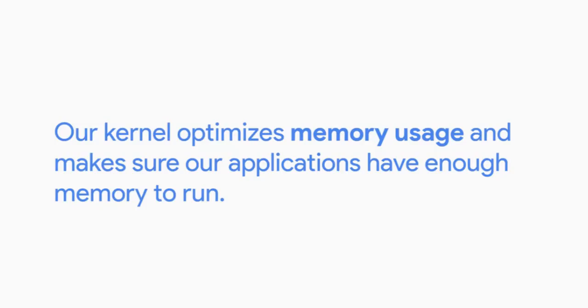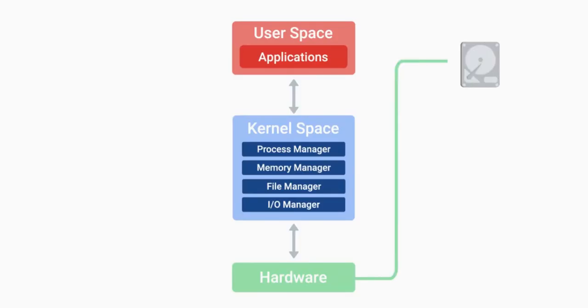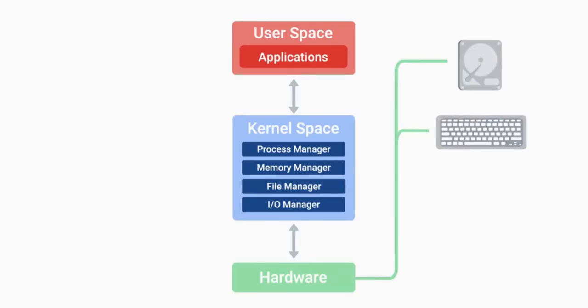Next up is memory management. Our kernel optimizes memory usage and makes sure our applications have enough memory to run. We won't get into too much detail right now, so stay tuned for more on this in the next few videos. The last important function that a kernel performs is input-output, or I/O management. This is how our kernel talks to external devices like disks, keyboards, network connections, audio devices, and more.